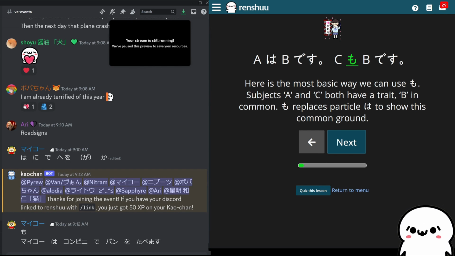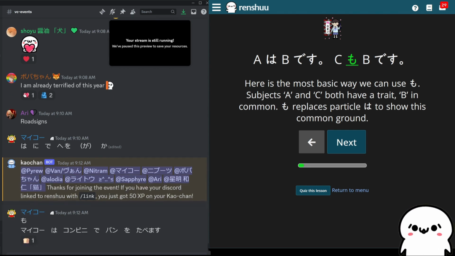Maiko wa konbini de pan o tabemasu. So where am I? I'm at the konbini, which is how we say convenience store in Japanese. It comes from the full word convenience, but they keep it short because who wants to say convenience store? It's too long. And so konbini de pan o tabemasu.